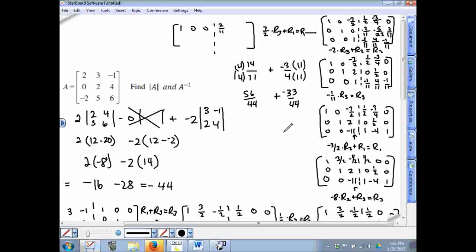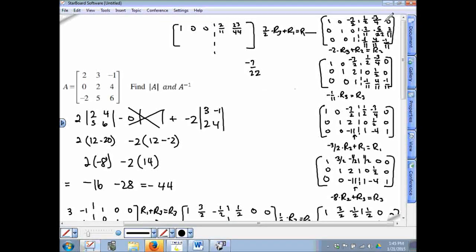It's 23/44. So that goes right here. 23/44. And finally, 7/2 times row 3, that's right here, that's negative 7/22.